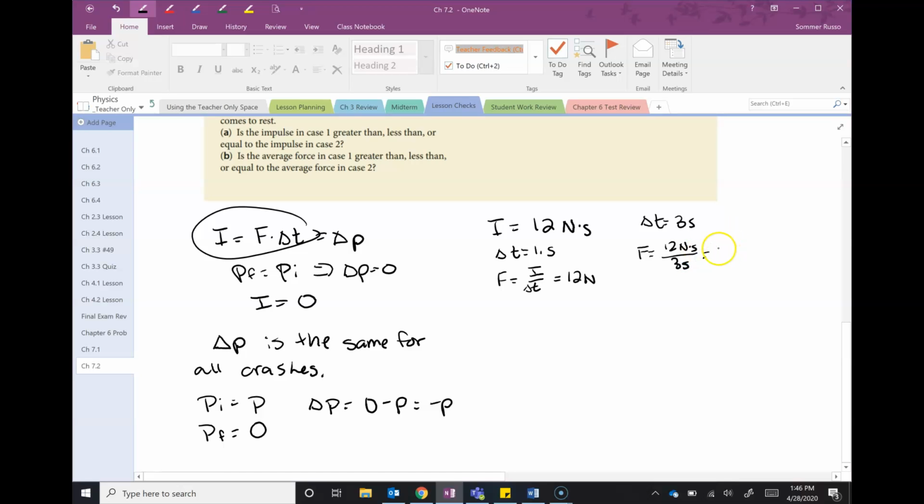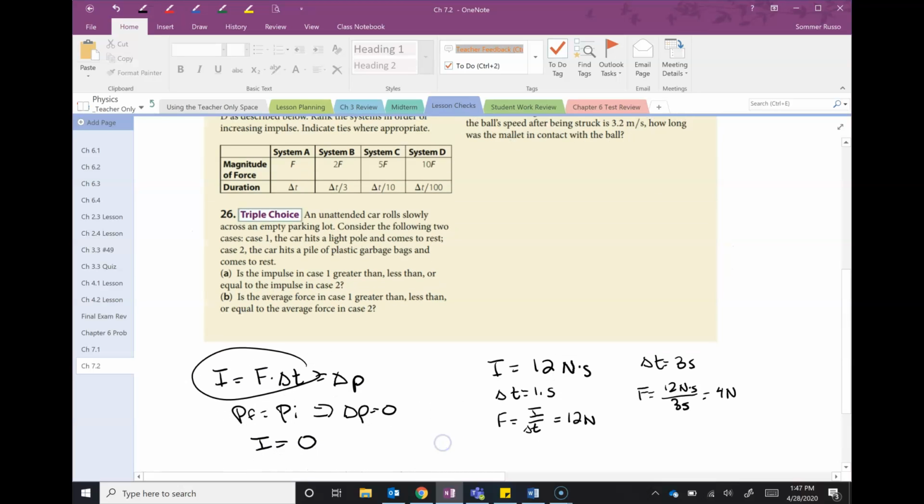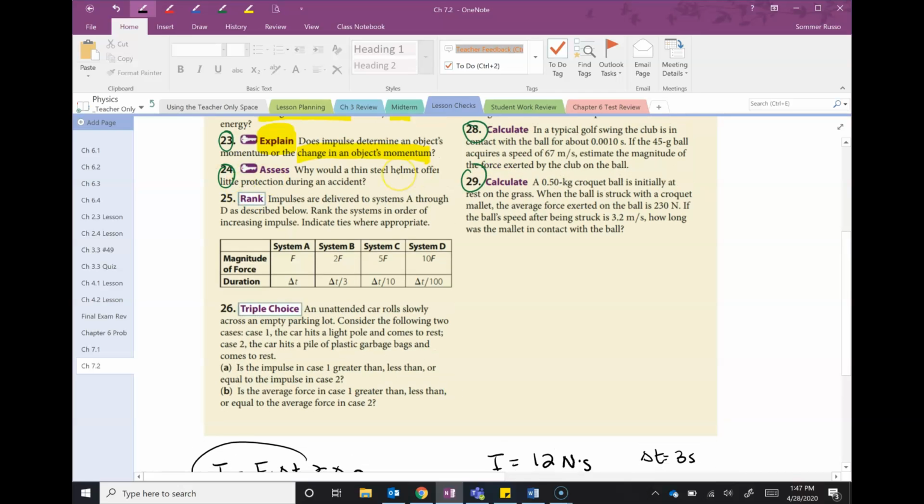Well, now our force is only 4 newtons. So by increasing that time, we're decreasing that force. So a thin steel helmet is going to offer little protection during an accident because the time it takes to bring you to a stop is too small. You need something that has squish to it to extend that time to minimize the force of impact.